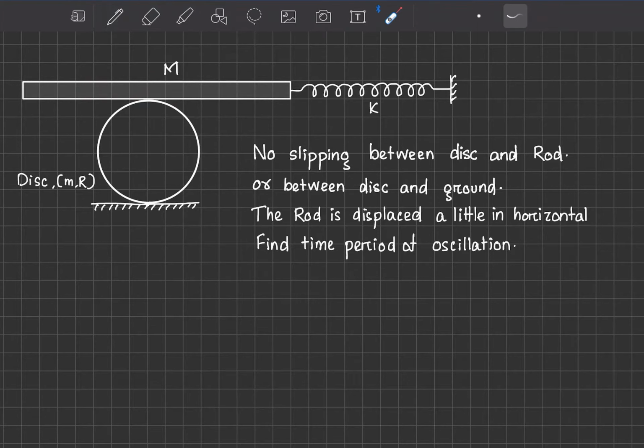In that case the friction will be kinetic, which will make us lose some energy, right? So that's why this part is important, that the rod is displaced a little bit in horizontal. So now let's solve the problem.